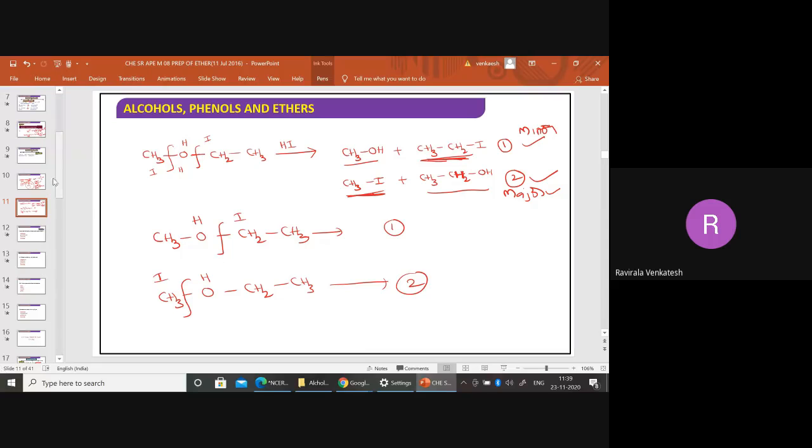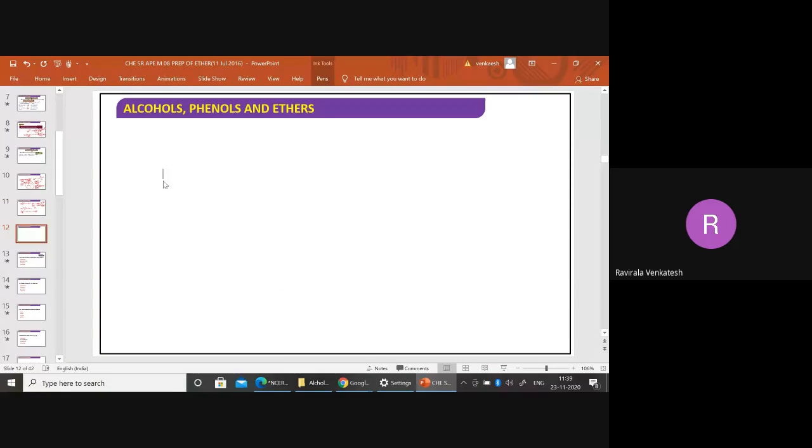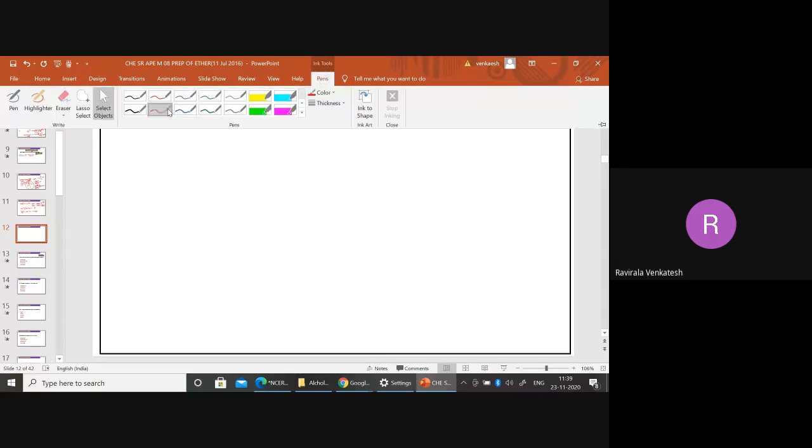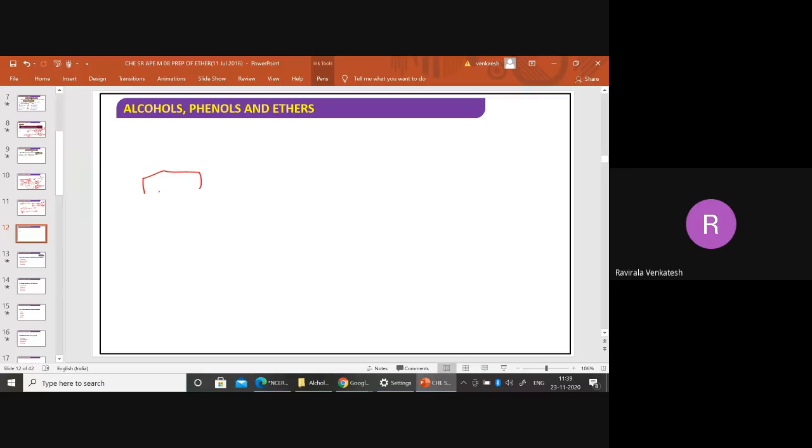Next thing, one more reaction, a very simple reaction, I will explain here. If I take an OR group, whatever it may be, OR. Now in this case, if you take 1 mole of HI, only one combination will be there.